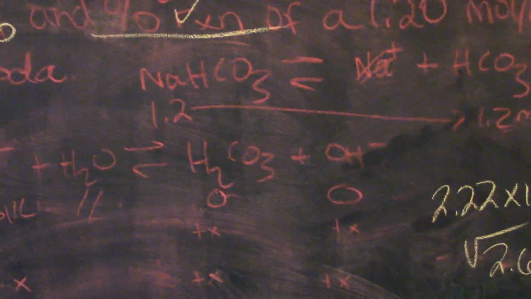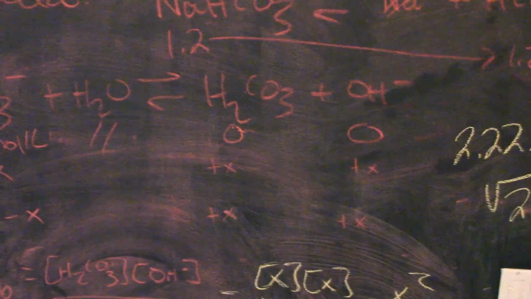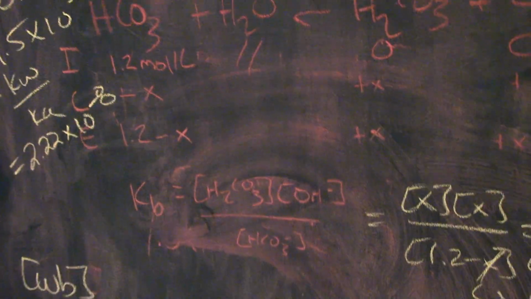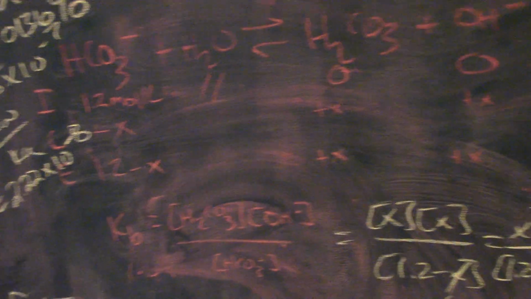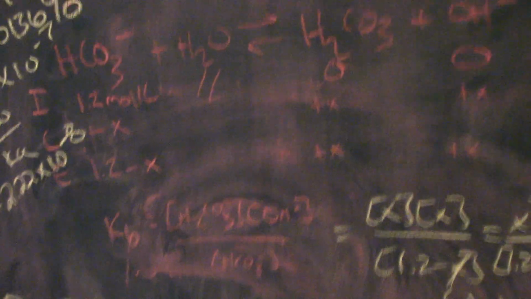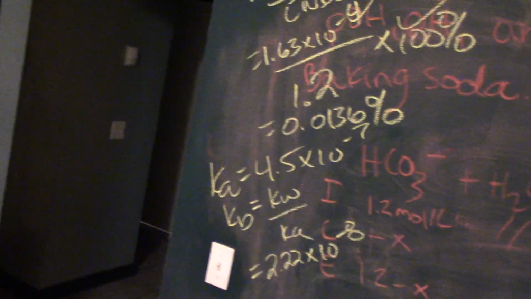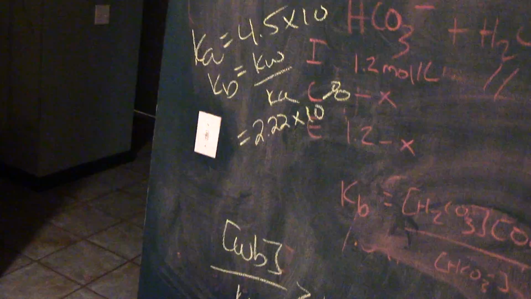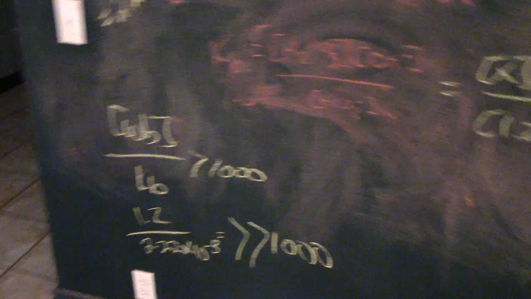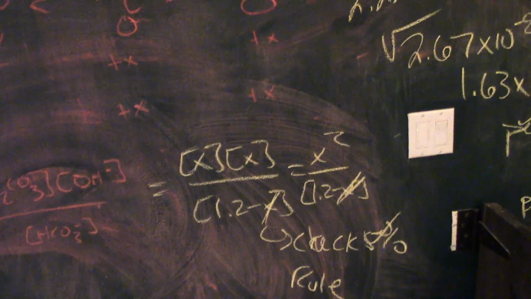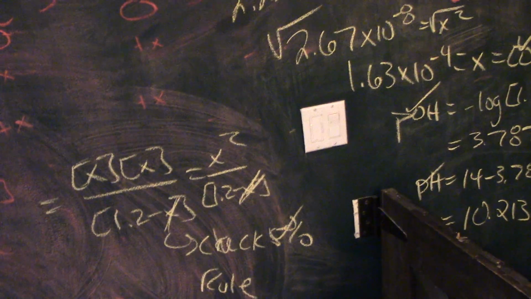So dissociate the equation, make your acid-base ionization equation, ice table. I don't have a Kb, so I have to solve for it using X, 5% rule. Solve for the Kb using the Ka. Once I have the Kb, I can solve for X, and X will be the concentration of hydroxide.